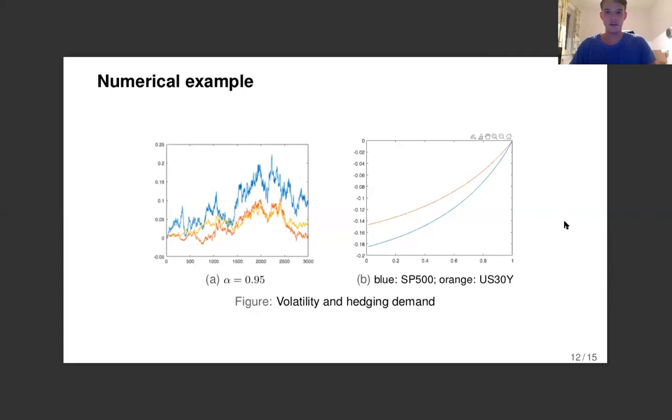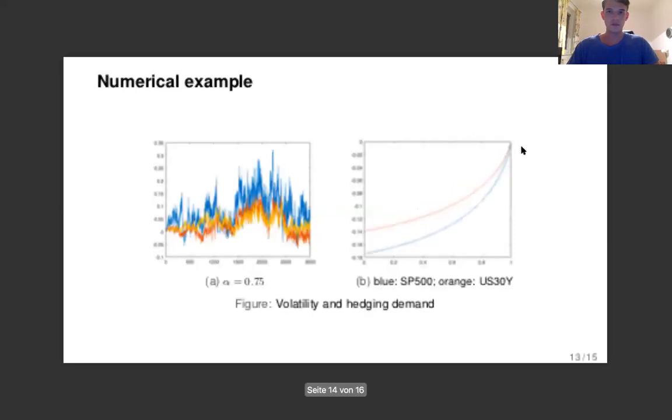On the right-hand side, we see the hedging demands, blue for the S&P 500 and orange for the Treasury bond. Both of the hedging demands are negative, which means that the investor is short selling stocks until both curves reach 0 at the end of our time horizon 1.